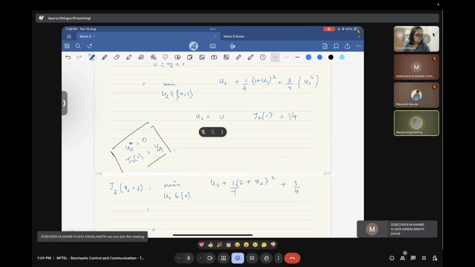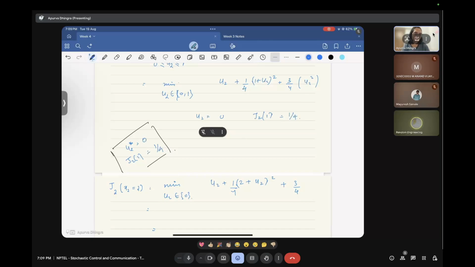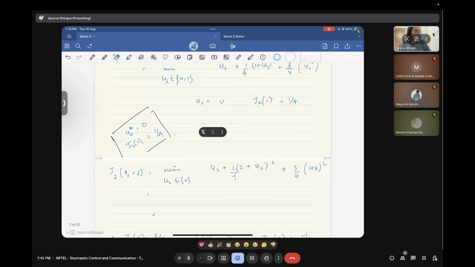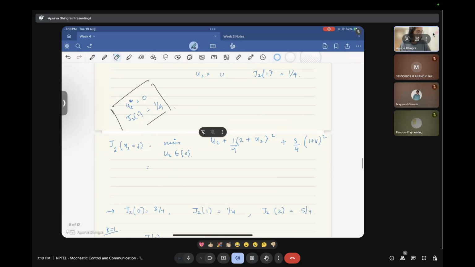J2, x2 equal to 2 for u2 equal to 2 case. But u2 equal to 2 is not valid. Not valid, yes, I agree. I mean, we've put a constraint. Otherwise, yeah, sure. This would be 1 plus u whole squared. So you could plug in the value and see what it comes out to be. Did I make a mistake?